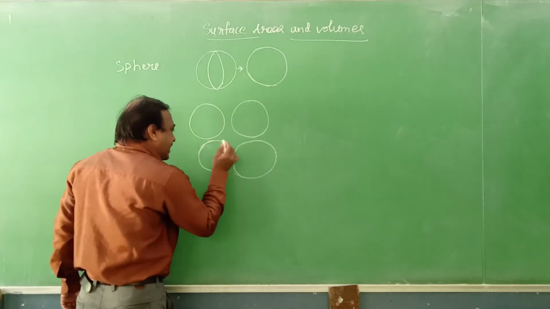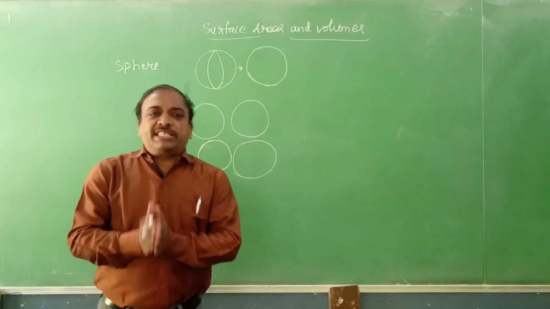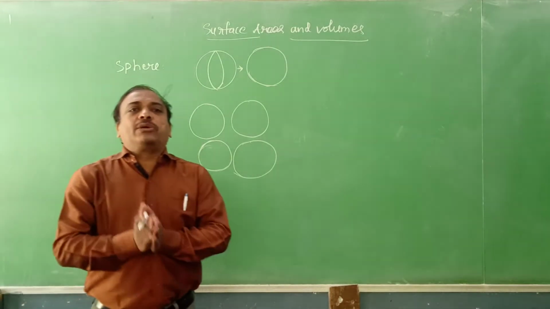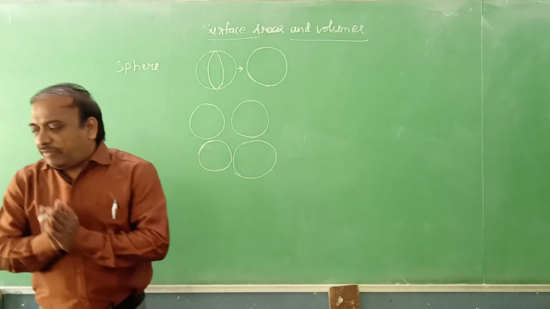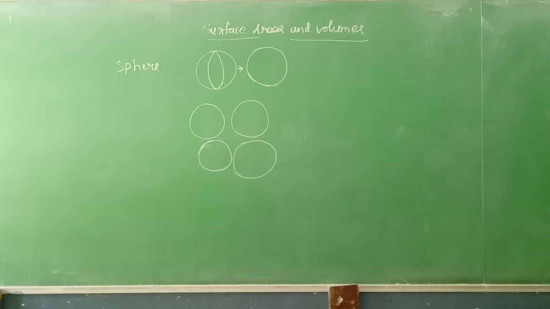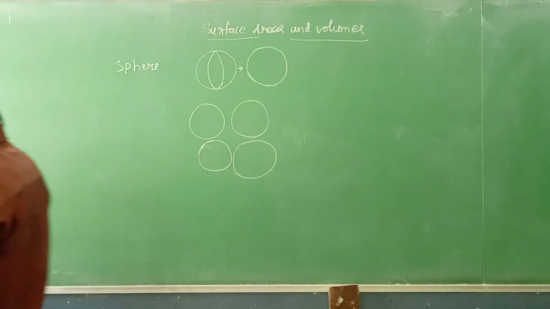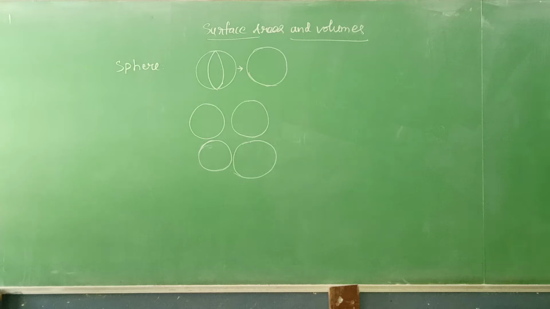So for a sphere we have only surface area, which is nothing but the total surface area. A sphere has only one surface, it does not have any CSA. We have only total surface area.